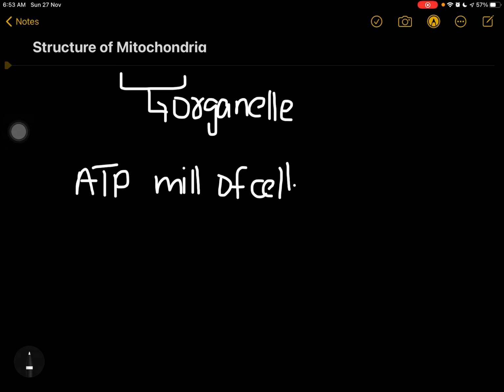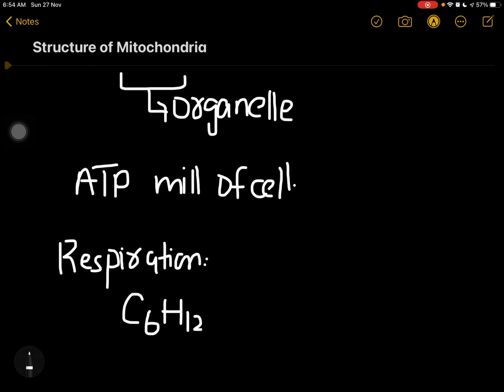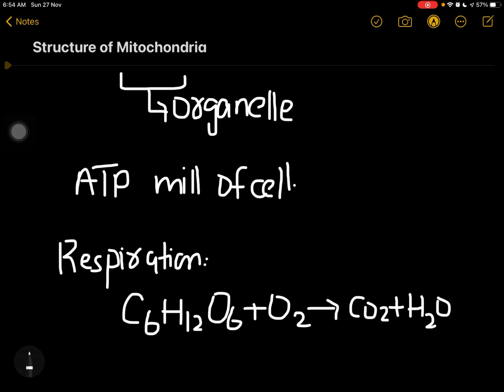Actually, you know the process of respiration. That process of respiration occurs in mitochondria. So what happens in respiration basically? Let's discuss the overview, right? In respiration, glucose, C6H12O6, plus oxygen form carbon dioxide, water, and ATP.